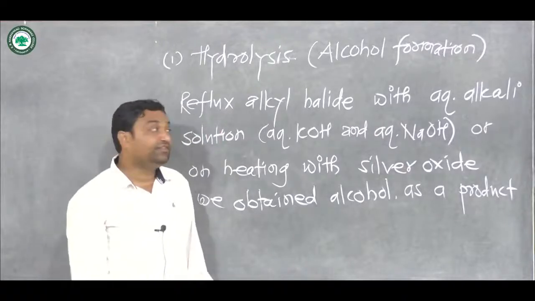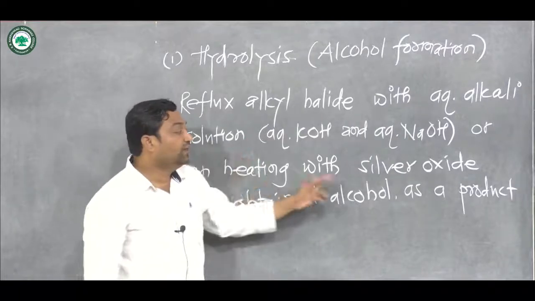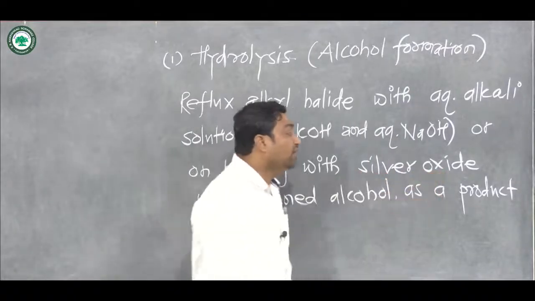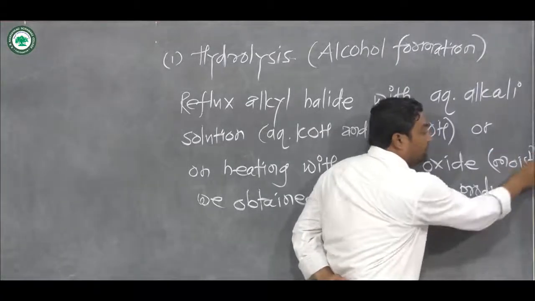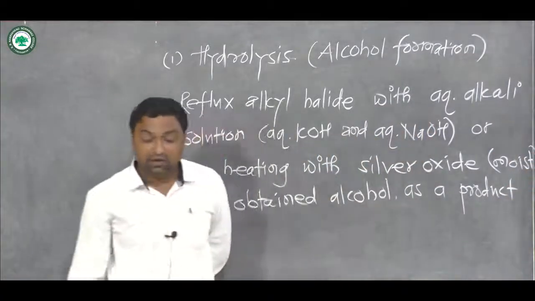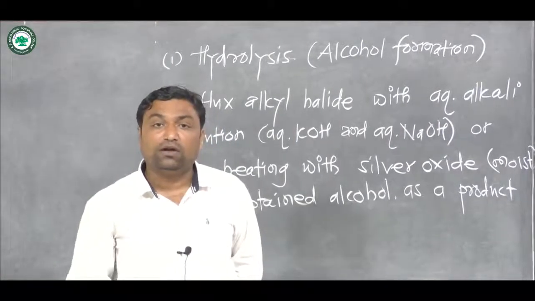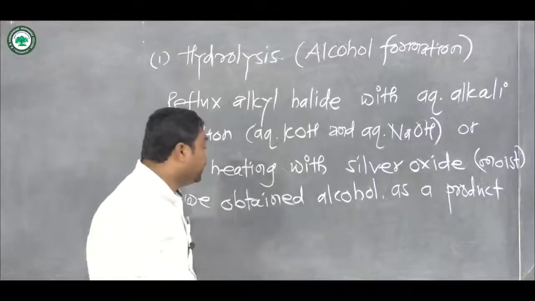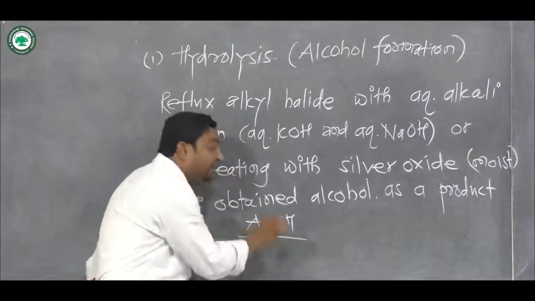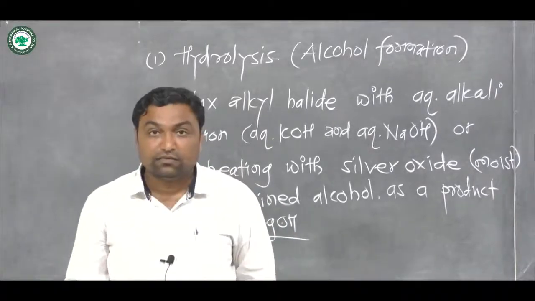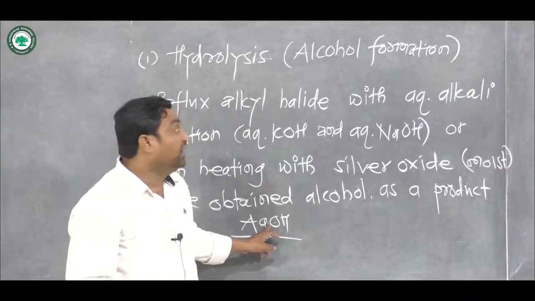Or instead of these, we use moist silver oxide, that is Ag2O in presence of water, which liberates AgOH, and this AgOH is used as a nucleophile in this hydrolysis reaction.